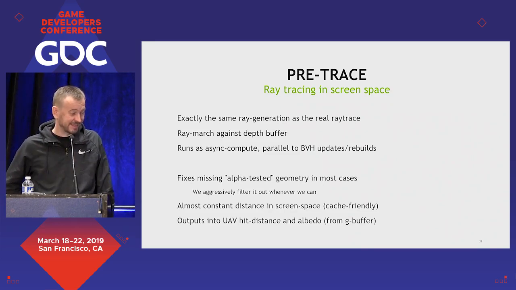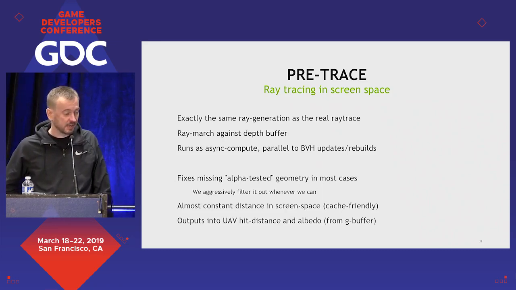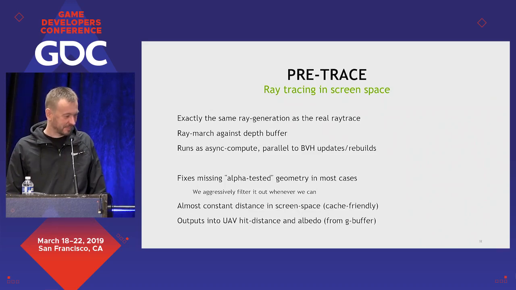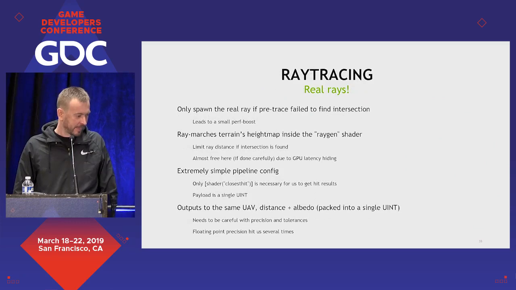This results in some performance boost for real ray tracing, but more importantly, it fixes a few issues with tolerances and missing alpha-tested geometry. And yes, we try to filter out alpha-tested meshes as much as we can, based on mesh, shader, and texture combinatorics.